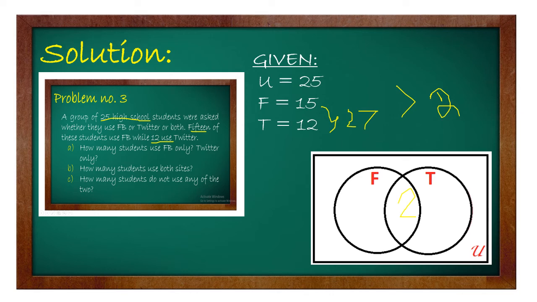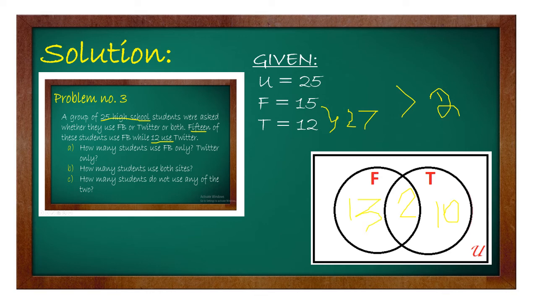Pagkatapos, isusulat na natin yung set T. Pero dahil may nasulat na tayo na dalawa, yung 12, babawasan natin ng 2. So, magiging 10 na lang sa Twitter only. And then, after nun, yung Facebook naman. Ang total ng Facebook ay 15. So, babawasan natin ang dalawa, magiging 13 na lang.